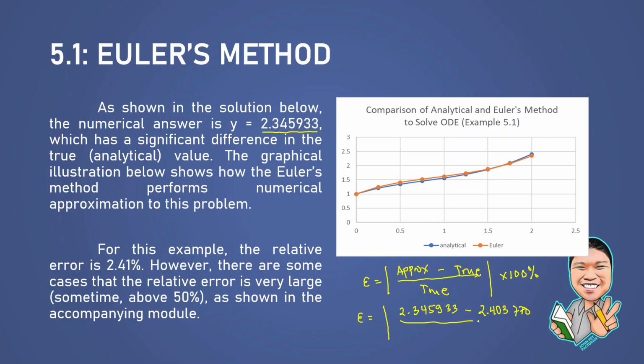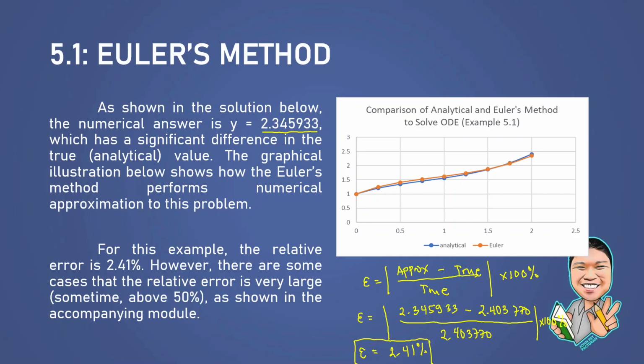Tapos, divide mo na lang siya ng 2.403770. So, absolute value times 100. So, yung ating relative error nga dito is 2.41%. So, pwede nyong sabihin na, ang accurate na pala ni Euler's method, no? Kasi nakapagbigay siya ng 2.41% lang na error.